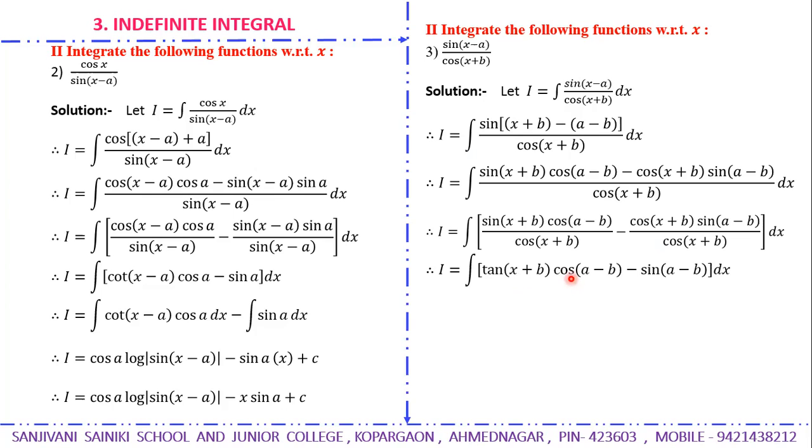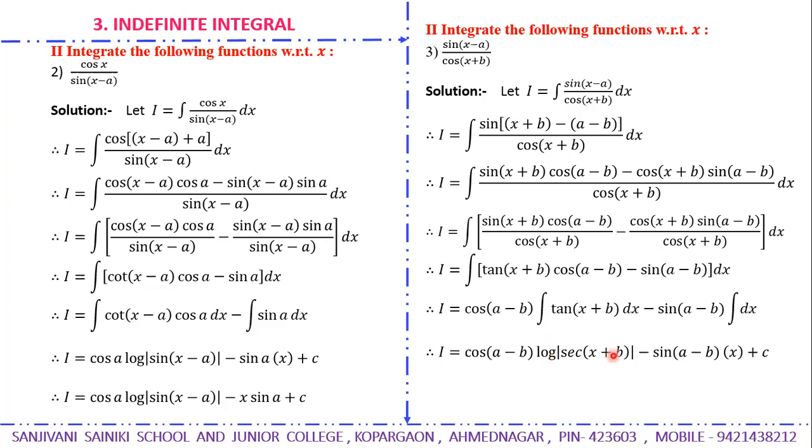So cos of a minus b is a constant, so we have to take the integral of tan x plus b. Here sin a minus b is also a constant, so the integral of dx. The integral of dx is x, and the integral of tan of x plus b is log of sec of x plus b. So the integral of the given function is cos of a minus b into log of sec x plus b minus x times sin of a minus b plus c.